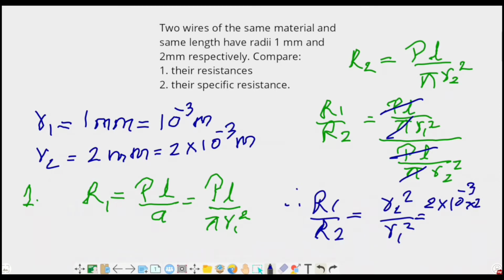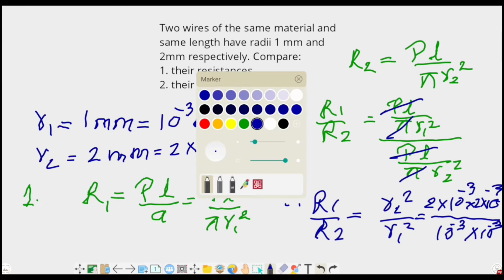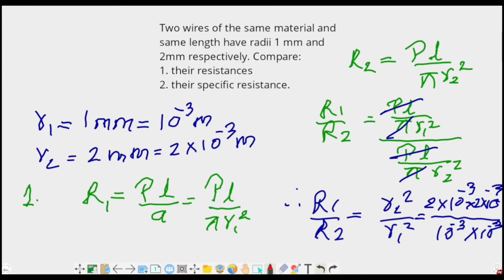Twice I am writing because it is the square. And your r1 is 10 raised to minus 3. When you cancel the common terms, 10 raised to minus 3 cancels. So what remains? 2 twos are 4 upon 1. So your R1 is to R2 is 4 is to 1.